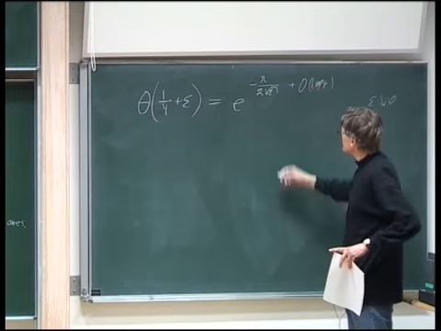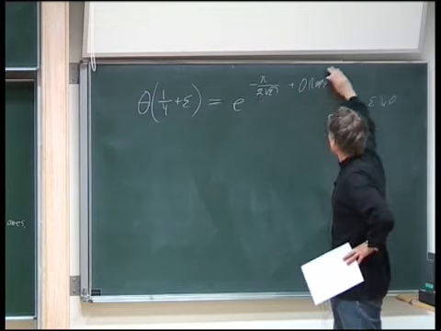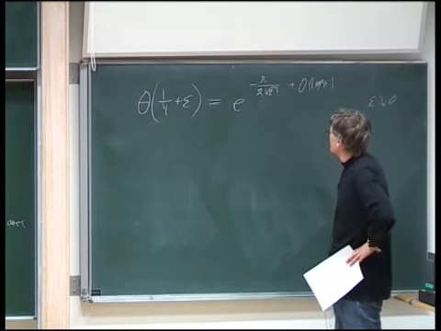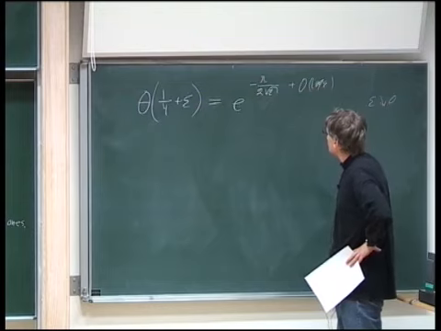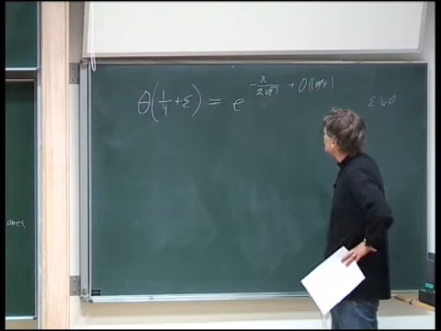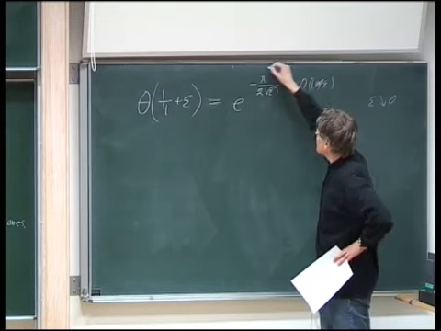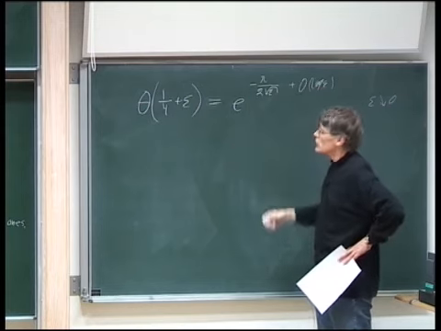So as you see, this function here, forget this small part, goes to 0 very rapidly as epsilon goes to 0, and certainly faster than any polynomial. All derivatives are 0. So this function here is C infinity, but of course not analytic.